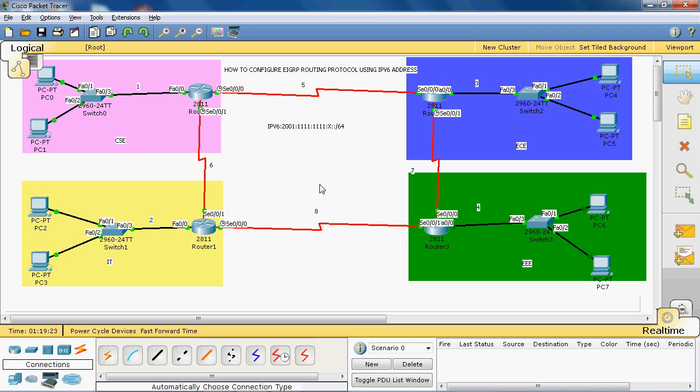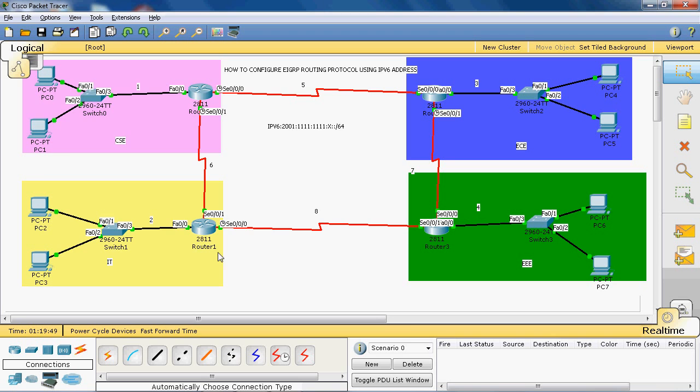Don't forget to give these two commands. After that we go to the particular interface and enable the EIGRP routing protocol. In IP version 4 we just give the directly connected network and net ID, but in IP version 6 we go to the particular interface and enable EIGRP.